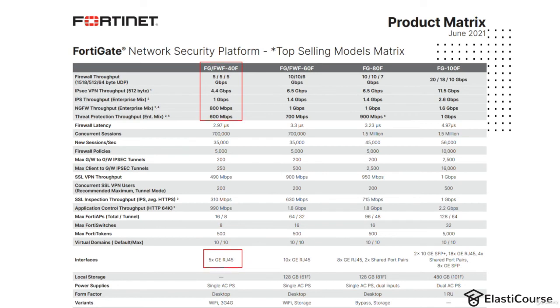It takes some planning to understand the requirement of bandwidth in your network based on number of devices, features you plan to use, and budget. Let's take some examples. If I plan to use IPS and application control and require 1 gigabit total bandwidth, I would choose the Fortigate 80F or higher.